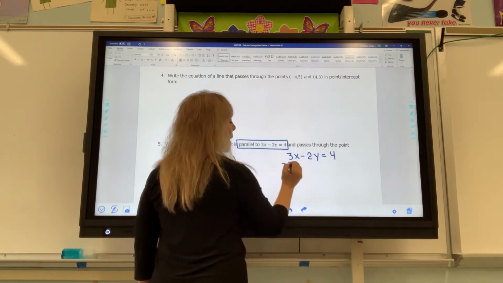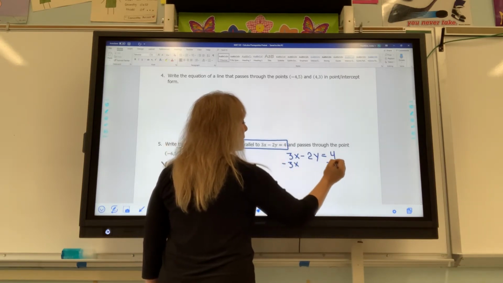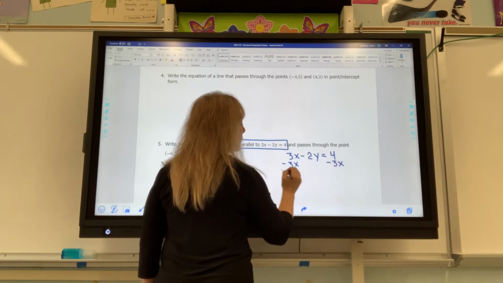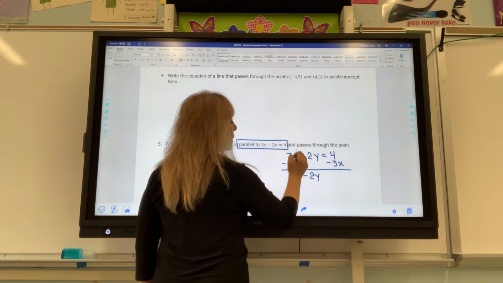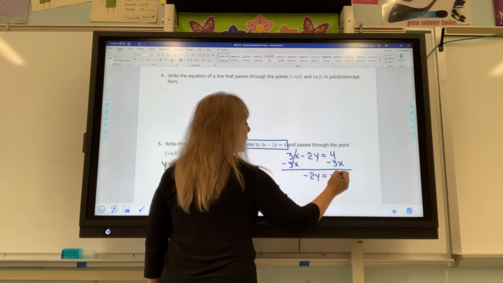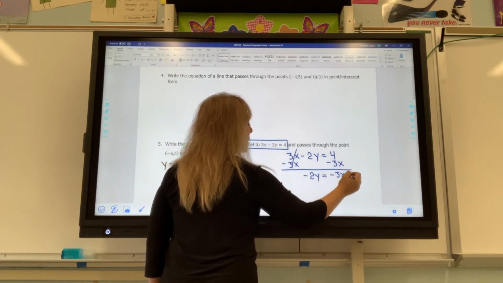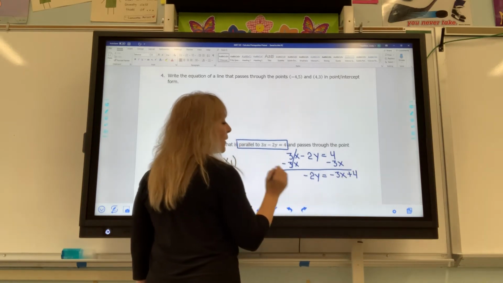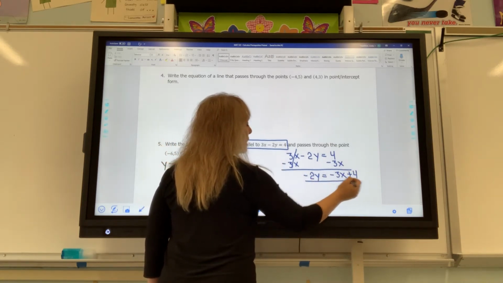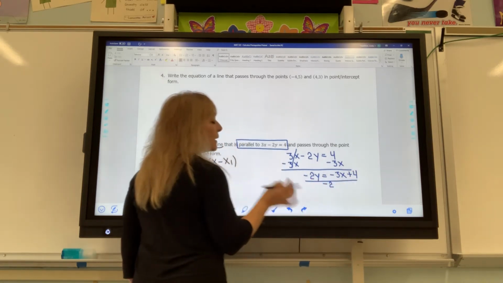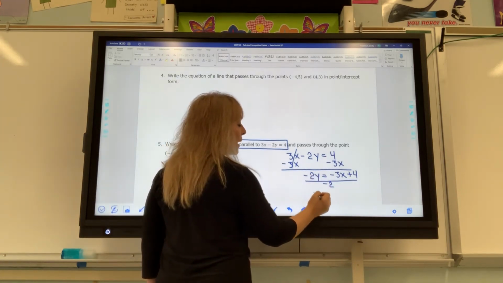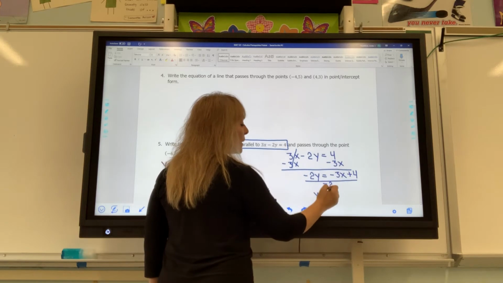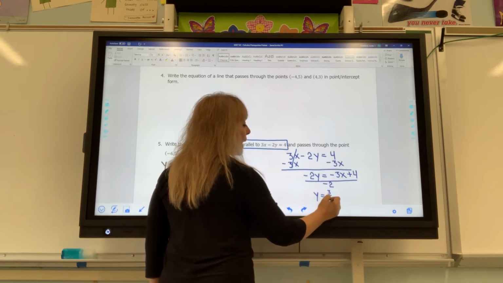So I'm going to subtract the 3x from both sides. I'll get my -2y equals -3x +4, and then I will divide the entire equation by -2, and I'll clean up the signs as I go. So on the left, it is just y. In the middle, it's 3 over 2x.